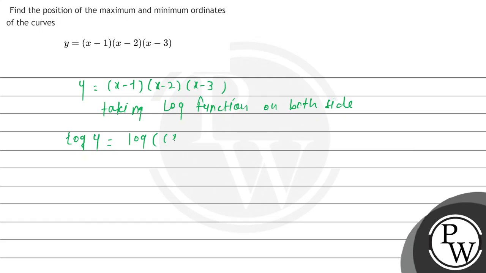Here we need to know one thing: whenever log of m into n into p is given, we can write it as log m plus log n plus log p.